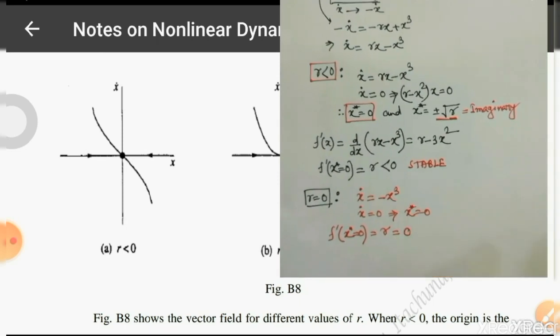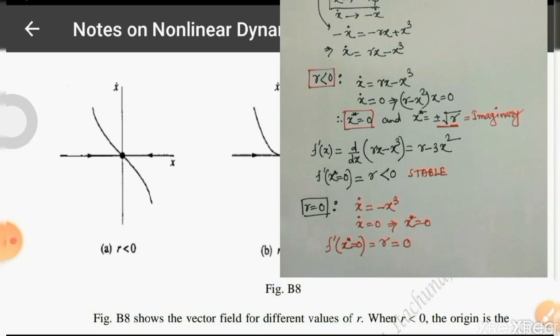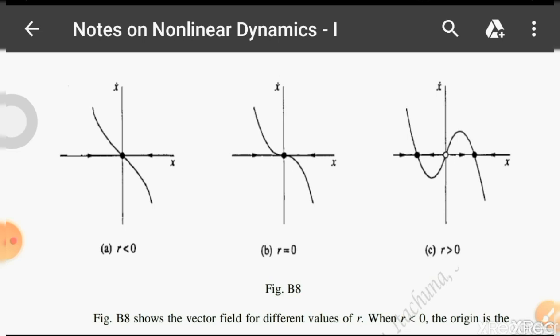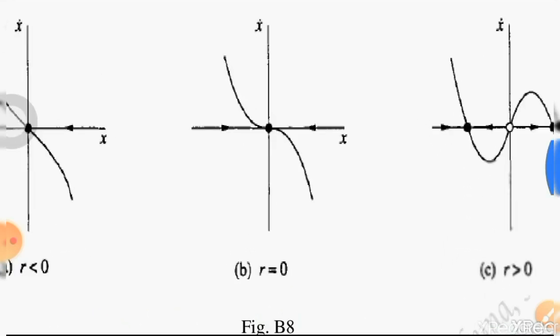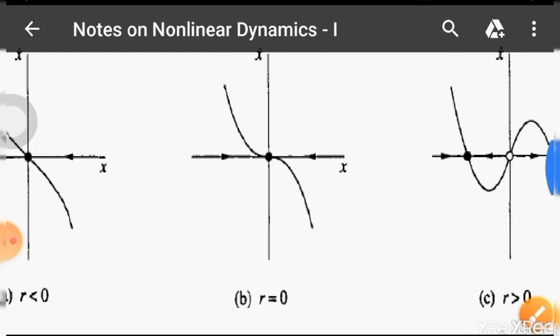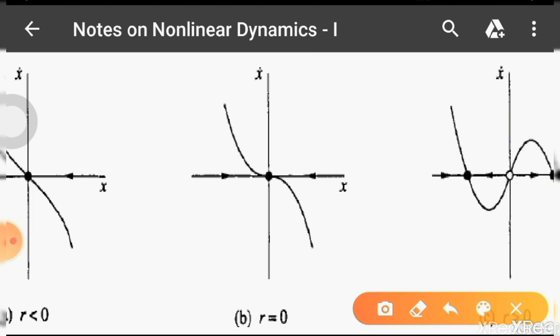Okay. Now we can check the stability of this fixed point for the r equals 0 condition by looking at the direction of flow as shown in this figure. Here for r equals 0, on the left part you can see x dot is greater than 0, and since x dot is greater than 0, the direction of flow will be towards the right, as shown by this arrow.